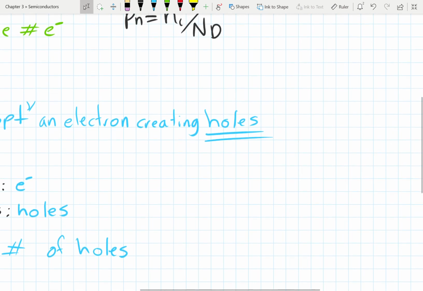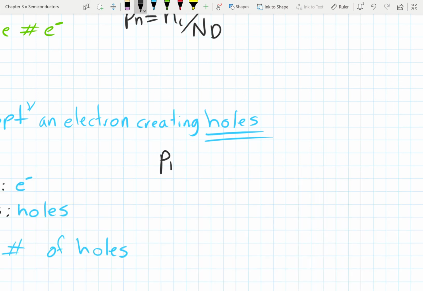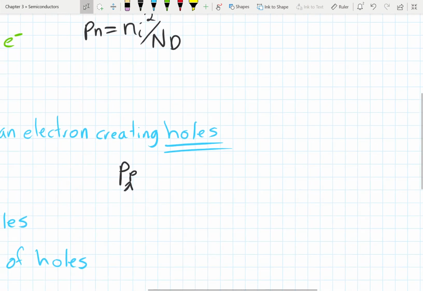So the number of holes that we have, p_p. Now this subscript p means p-type. The other p right here is holes.